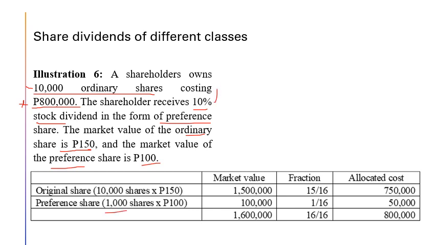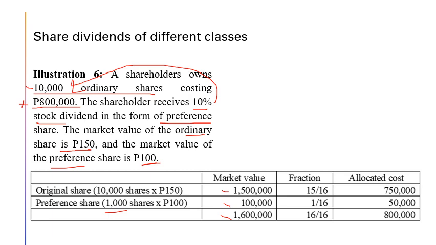That's 10% of 10,000. So that's 1,000 times 100. So the total market value for ordinary is 1,500,000. For preference, 100,000. Total is 1,600,000.